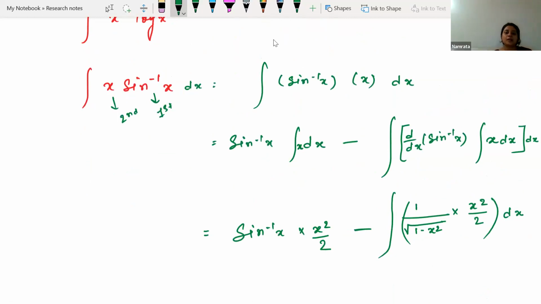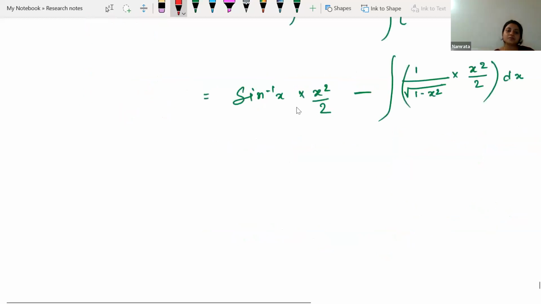Yes, ma'am. Now let's think about what can be done in the second integration part, because the first one we are sorted: sine inverse x into x square by 2. This one is done. What about the next part? That only we have to figure out now. So I'm going to copy paste this one as it is: x square by 2 sine inverse x.